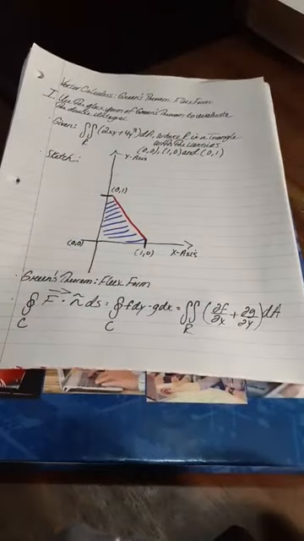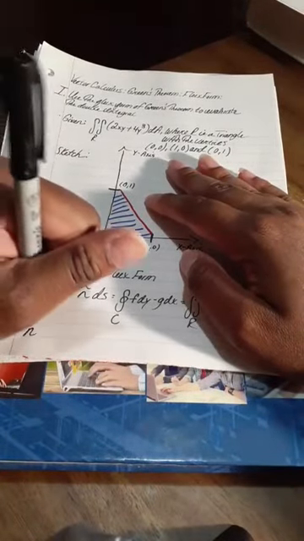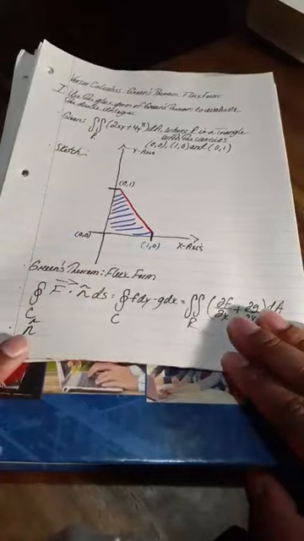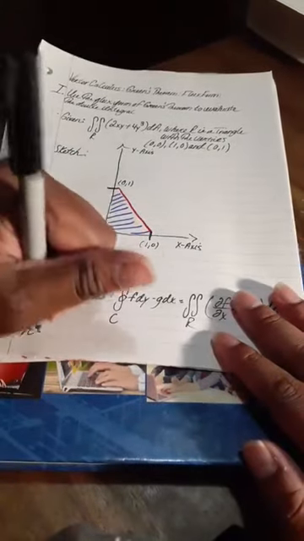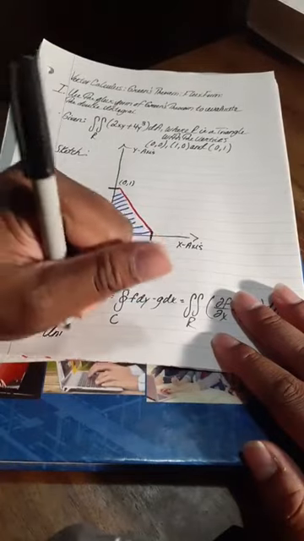Now, let's talk a little bit about this form of Green's theorem. So again, you guys know from prior videos that the n here is just the unit normal vector on our curve C. So let me just write that down. That's just the unit normal vector.